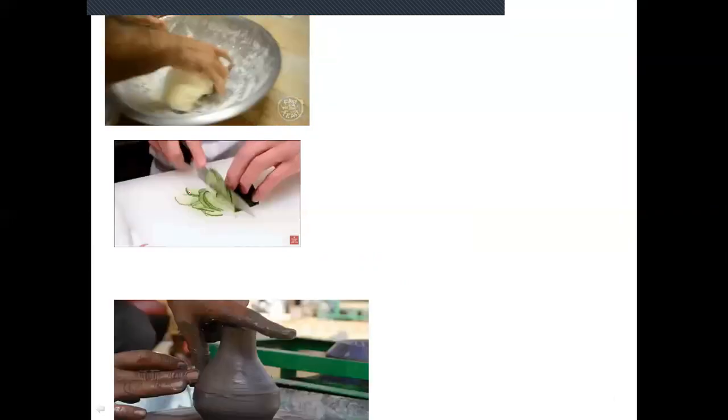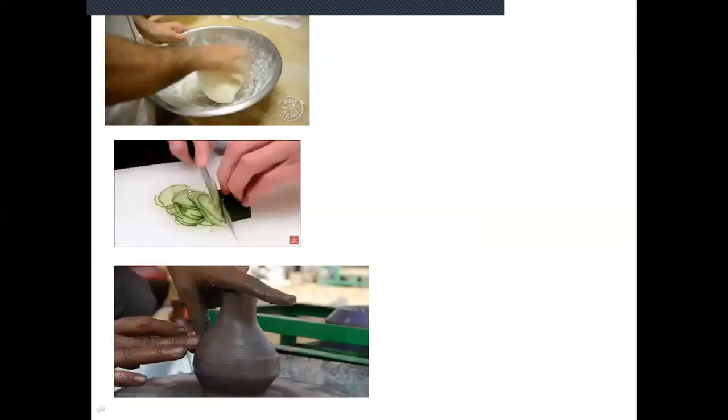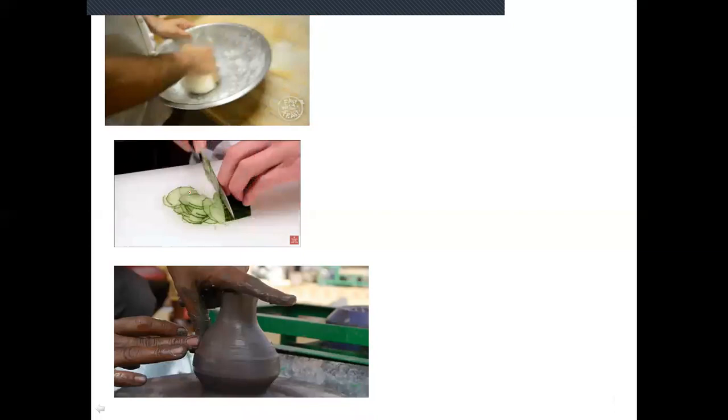Other examples of physical change are making dough from wheat flour. Cutting vegetables or tearing anything is also a physical change. And making a pot from clay is also an example of physical change.